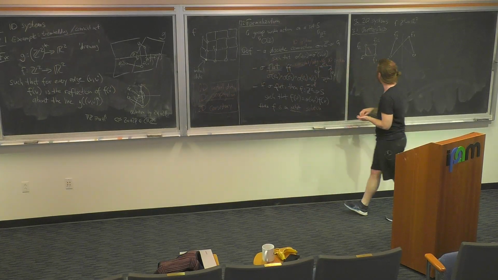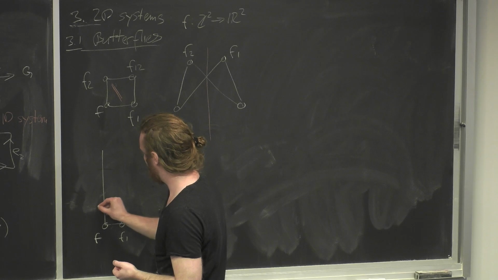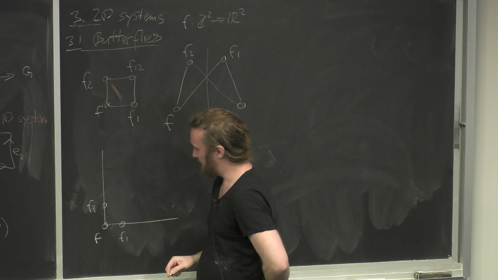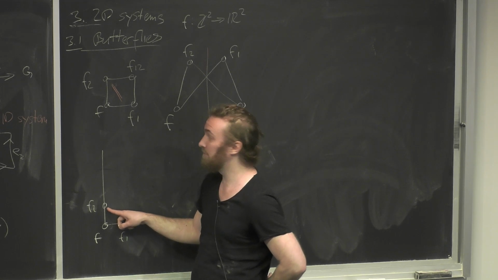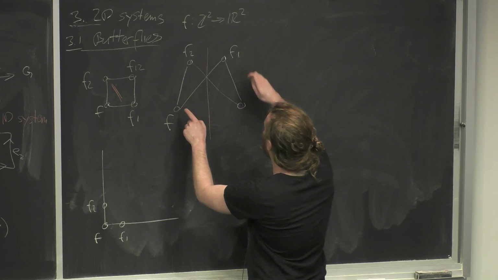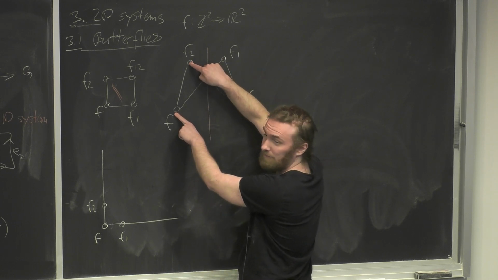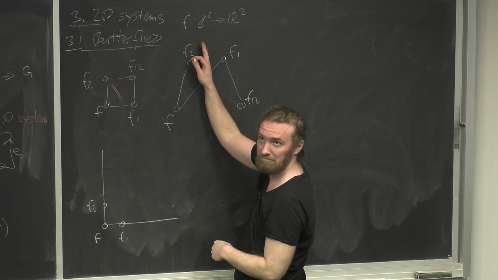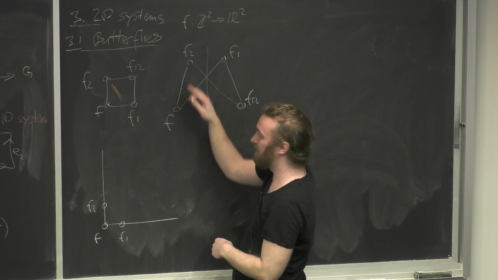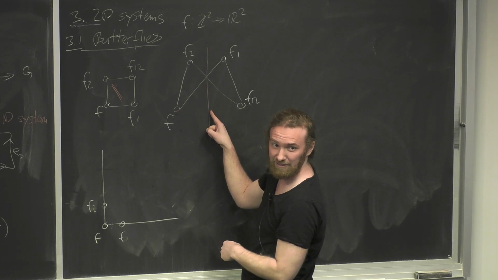Okay, and now I can think about this story. How does this work in this case? Clearly, if I know f1 and f2, this line is determined because it's the perpendicular bisector, which then means f12 has to be the reflection of f about this line.